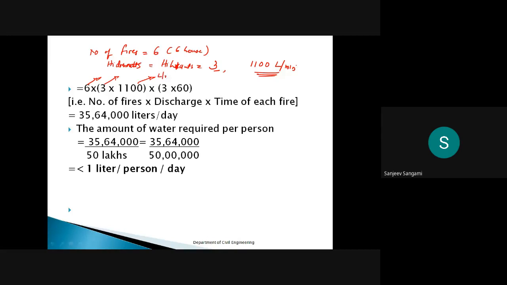Then how many hours does it take to stop that fire? So the hydrants are running for 3 hours, and they convert this into minutes. 1 hour is equal to 60 minutes.